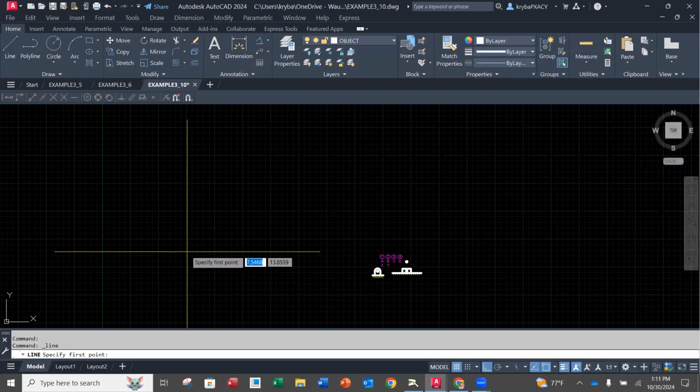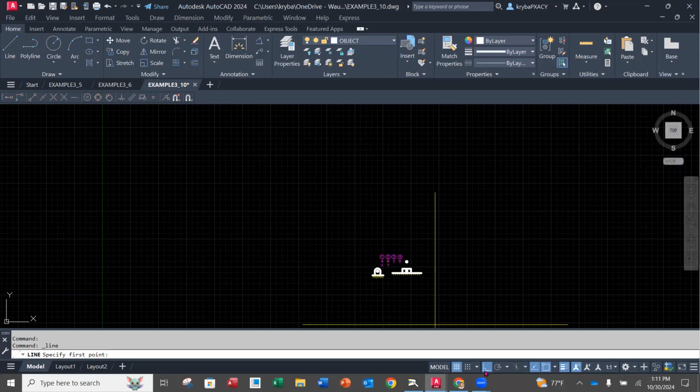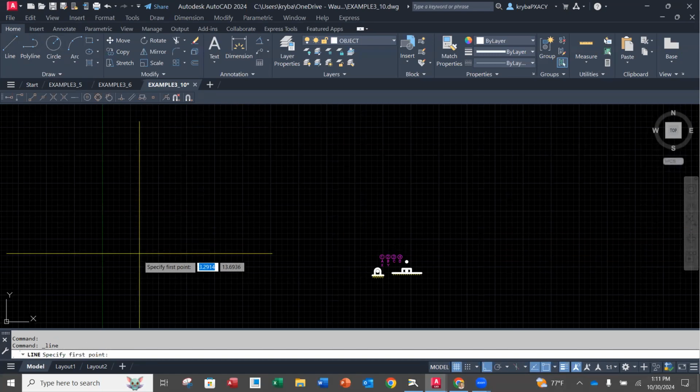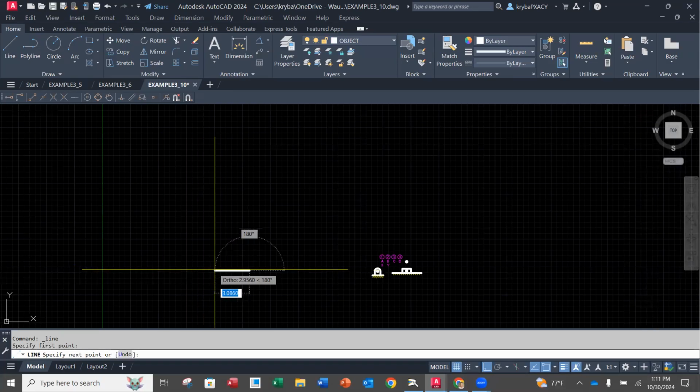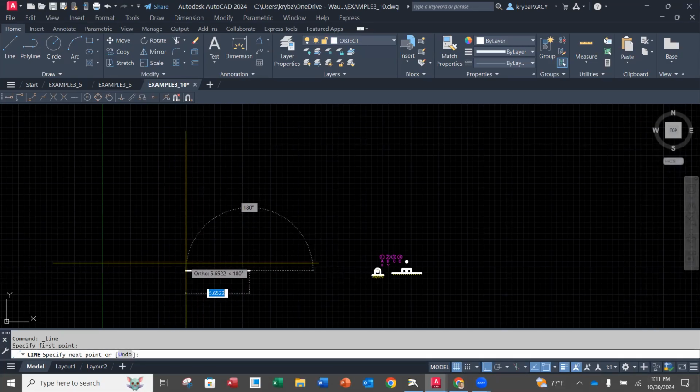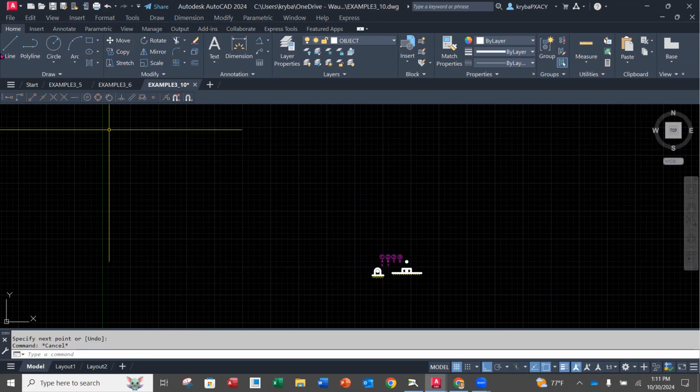So A, that's 9 degrees. Oh, crap. Well, that means I'm going to have to rotate. So there's not an even increment that we can change that to. So I'm just going to draw a horizontal line 32 long.